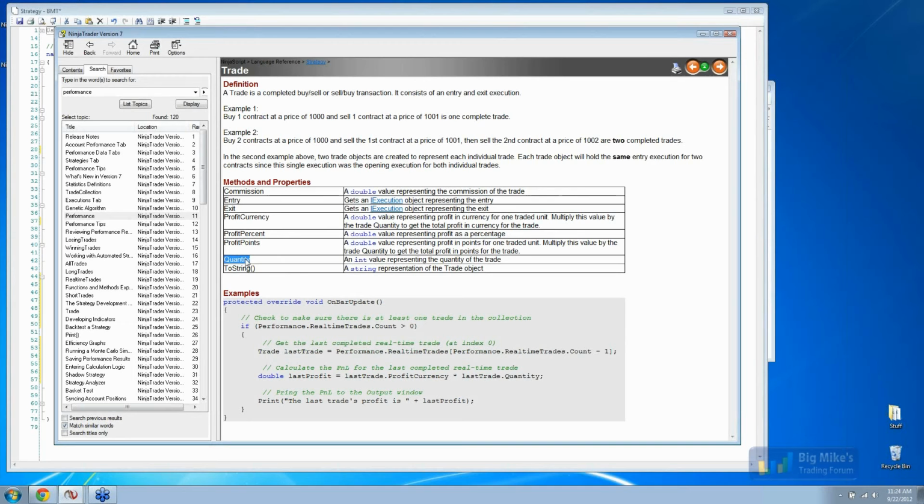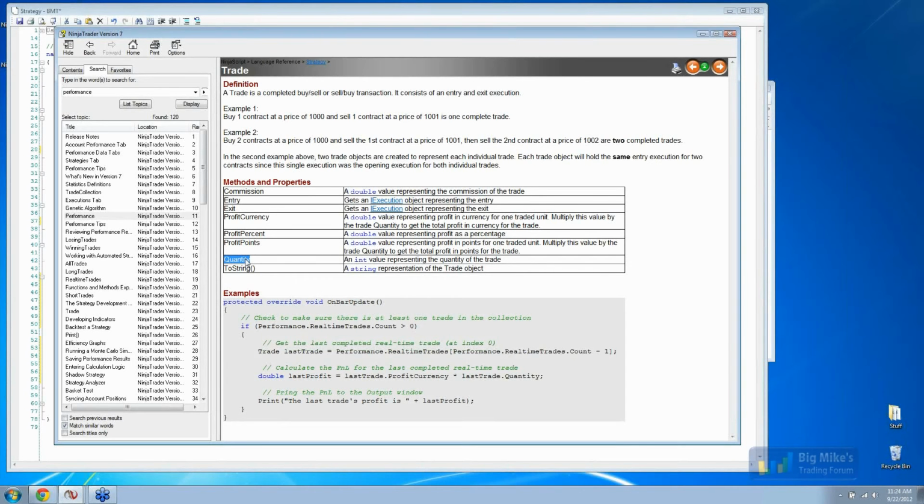And with that information, you can tell your strategy, hey, maybe this is not a good time to trade. Let me go ahead and prevent trading. Or maybe you see yourself really hauling in some good trades right now, and you want your strategy to dynamically adjust the quantity.